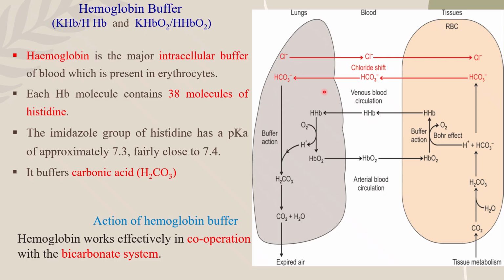bicarbonate ions, and this bicarbonate abundantly reaches the lung side, and in exchange the chloride shifts to the tissues via blood. This bicarbonate now generates carbonic acid, and this carbonic acid is broken up and releases carbon dioxide and water, and through expired air this carbon dioxide is released into the atmosphere.